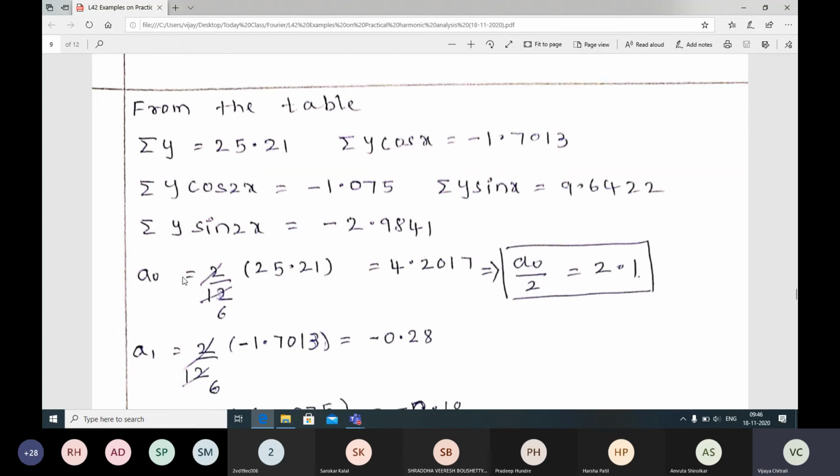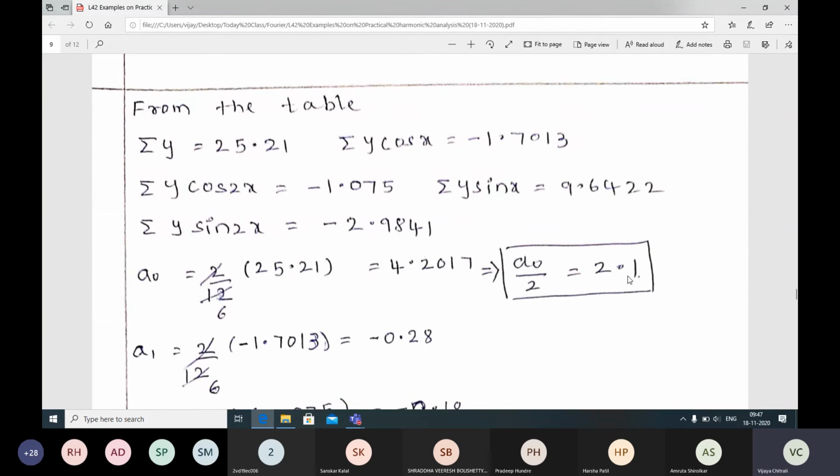First, a0 is 2 by capital N into summation of y. 2N is 12 and summation of y is 25.21. 2 ones are 2, 6 are, 25.21 divided by 6 is equal to 4.2017. So this is a0, and a0 by 2 is 4.2017 divided by 2, approximately 2.1.